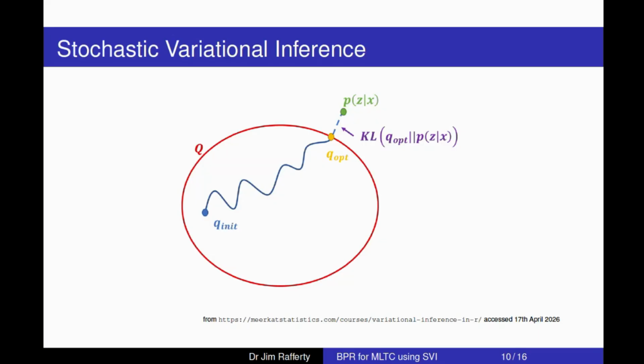The way the optimization process works is you pick an initial set of parameters. That might be at random, or based on the data in some way, and that is labeled Q init on this plot. Then we compute a loss. A common choice for the loss function is the negative of the evidence lower bound of the Kullback-Leibler divergence, which is a bit of a mouthful.